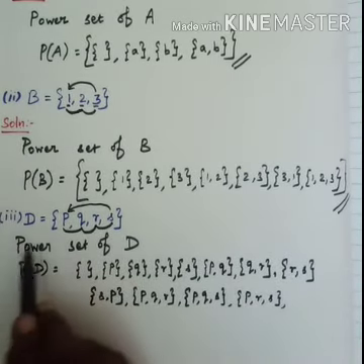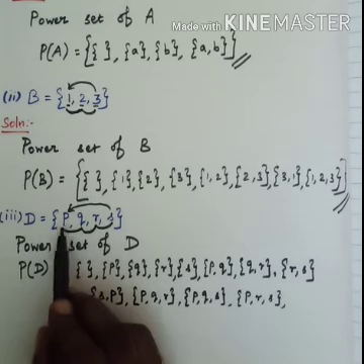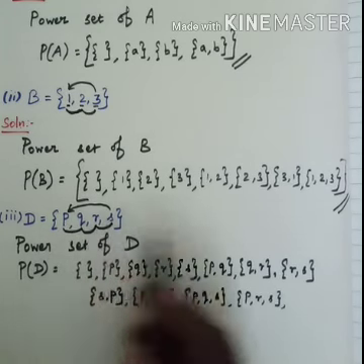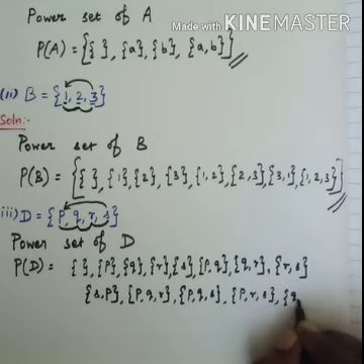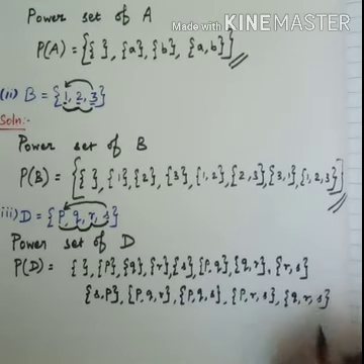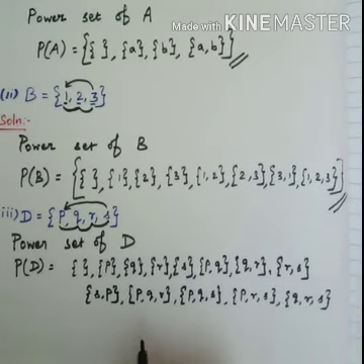And then leave the element P. So the three elements are Q, R, S. So the three elements combination we wrote.